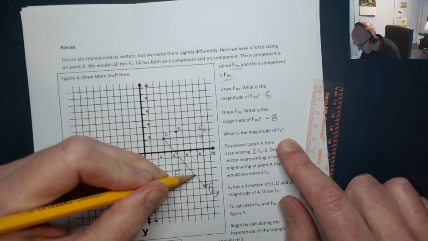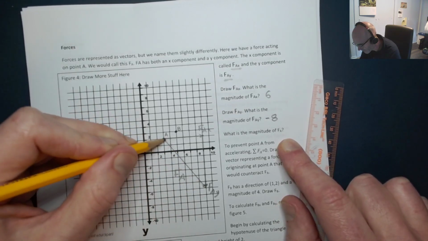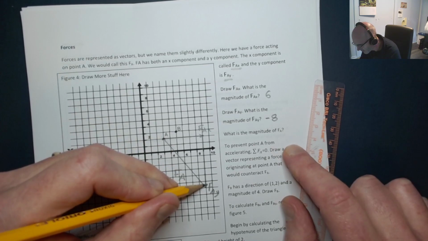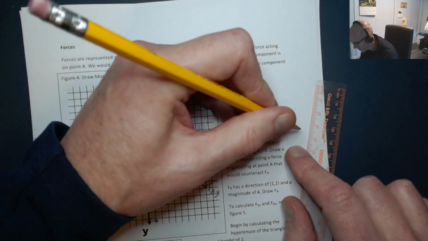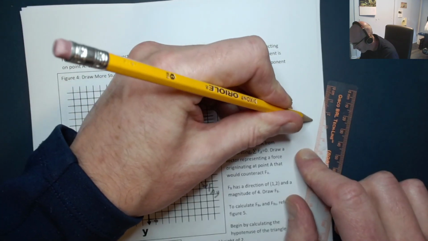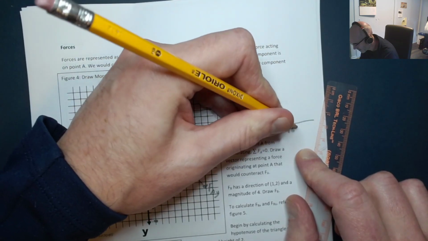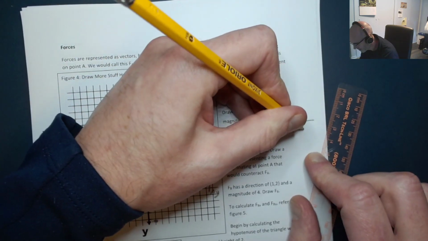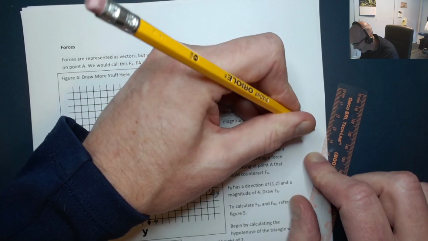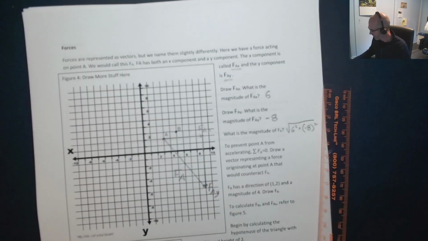So when I talk about the magnitude of FA, I'm looking for the hypotenuse right here. Okay, so that's going to be the square root of 6 squared plus negative 8 squared.